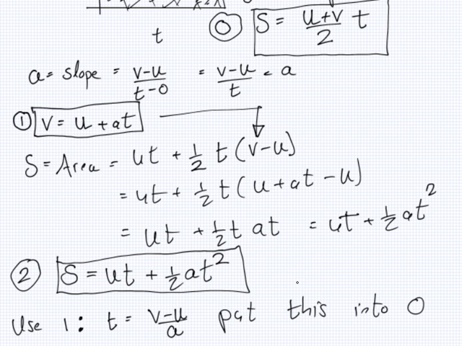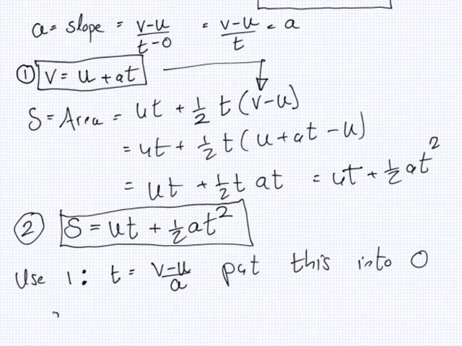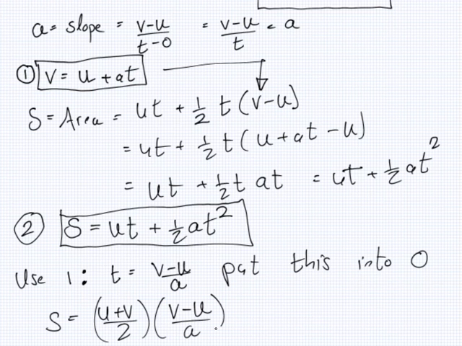So if I put this into zero, I can get S equals U plus V over 2 times V minus U over A, which is all over 2A, UV minus U squared plus V squared minus UV.